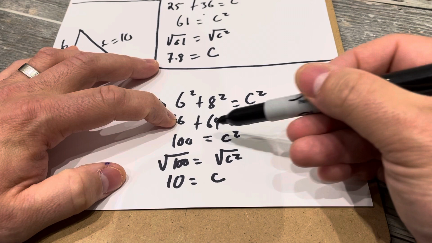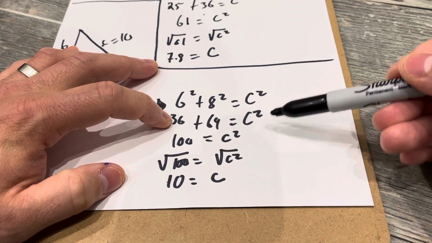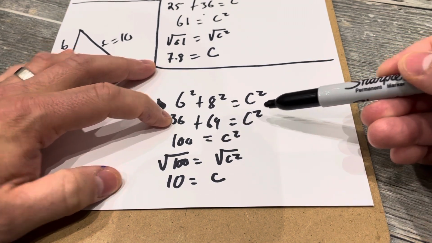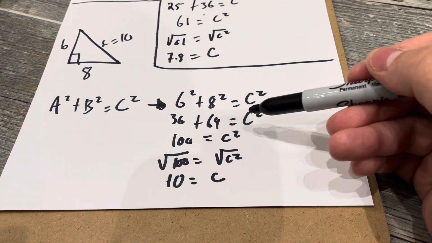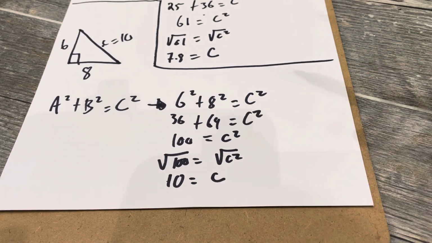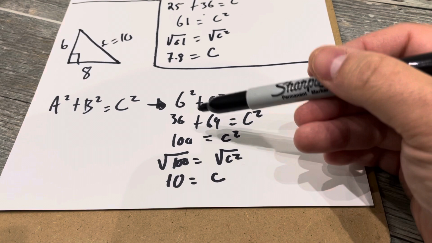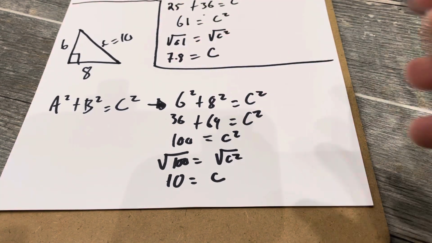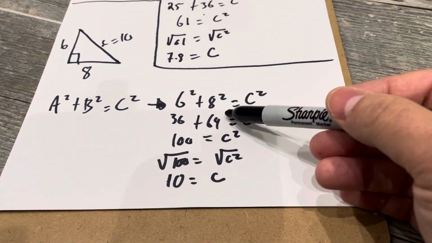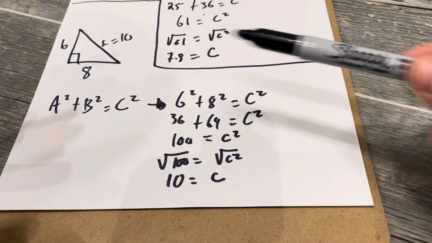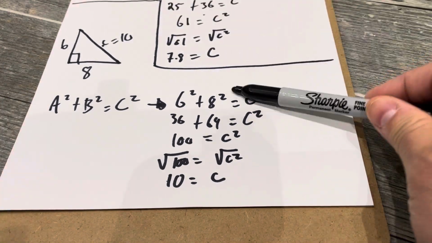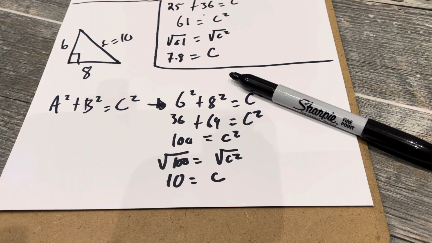You would isolate for your b squared by bringing the 36 over to the other side using opposite operations. You would have 100 minus 36, and that would equal 64, which would give you your b squared. And then you take the square root of that, which would give you 8. So you can do the same thing, but reverse engineer the formula, and you can use it to find any side of a right angle triangle, to solve for a right triangle.